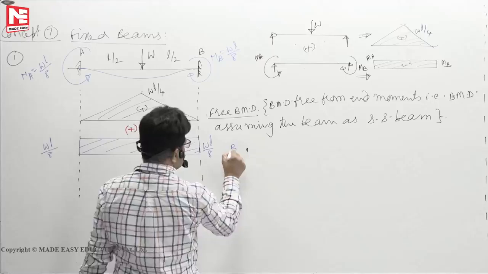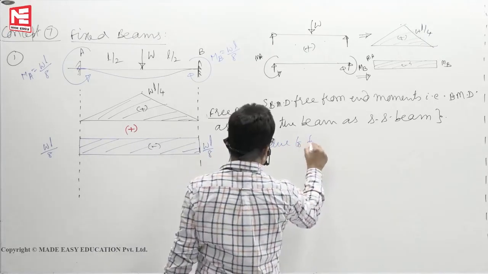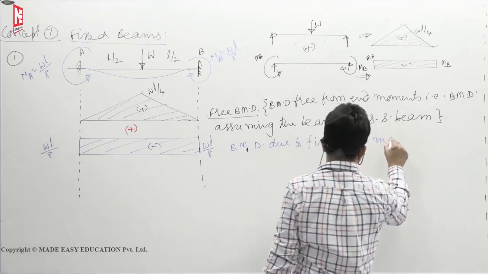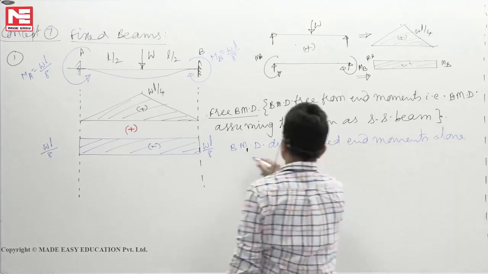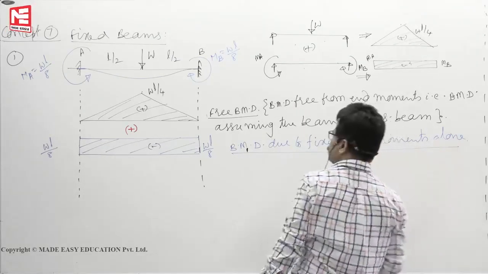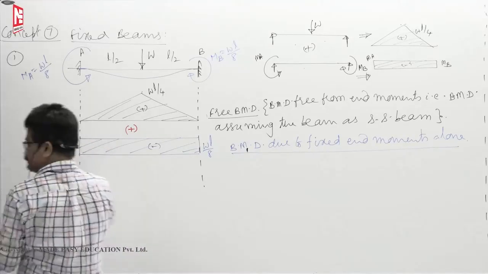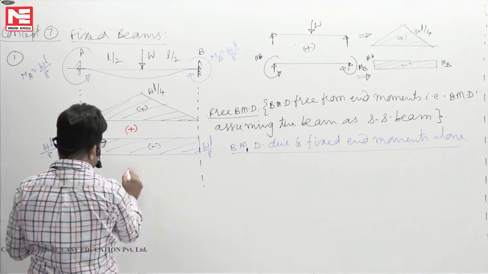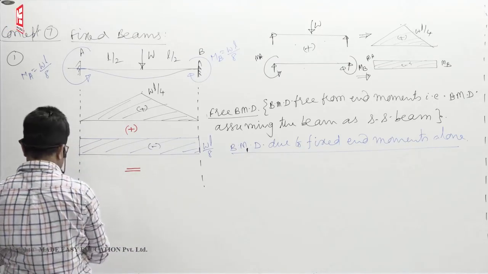This is the bending moment diagram due to fixed end moments alone. But since two loads are there on this structure, you add them. From the principle of superposition, add the two diagrams, you will get the final bending moment diagram like this.